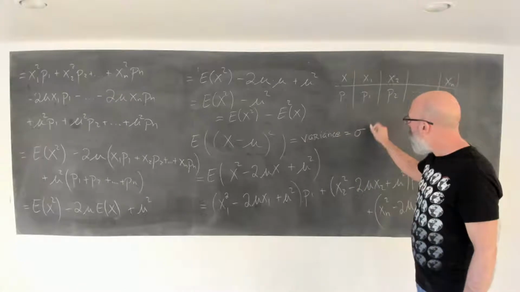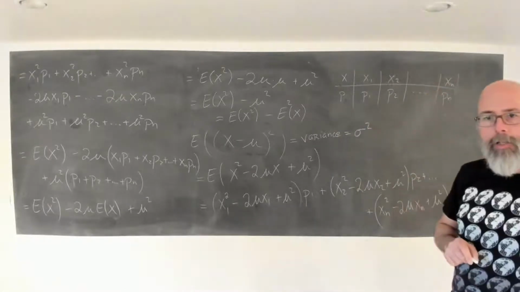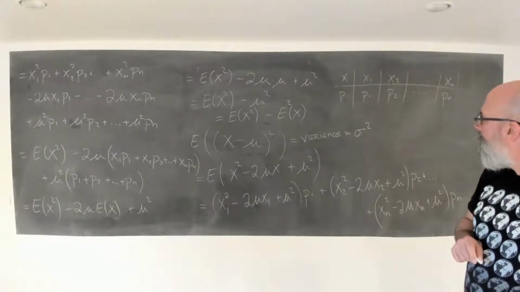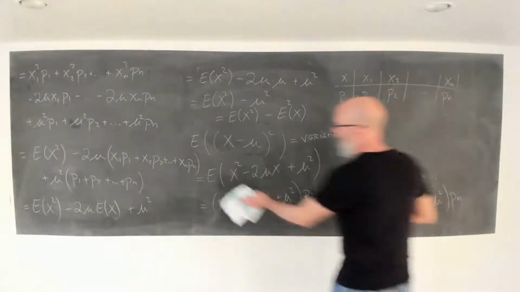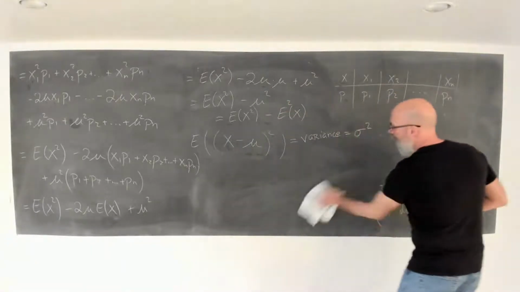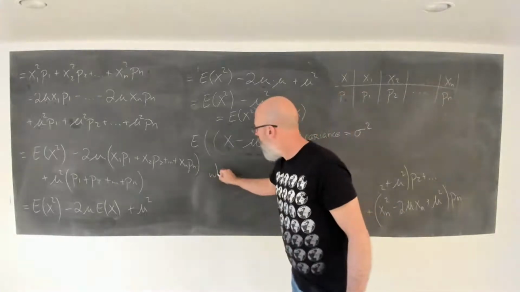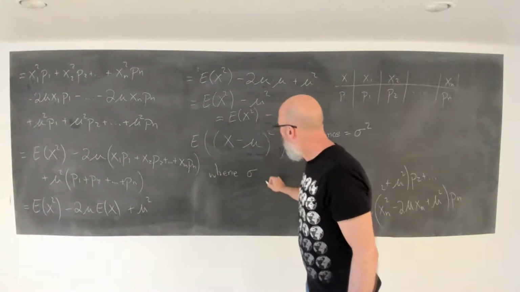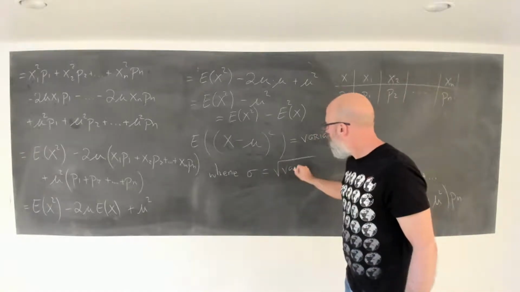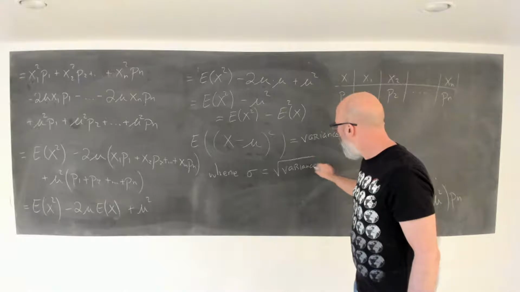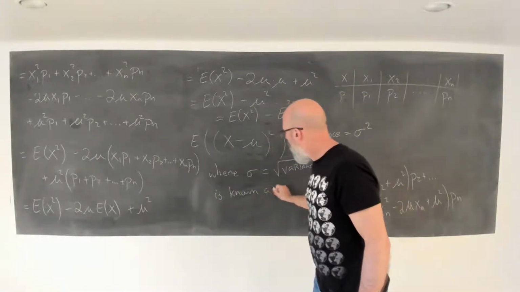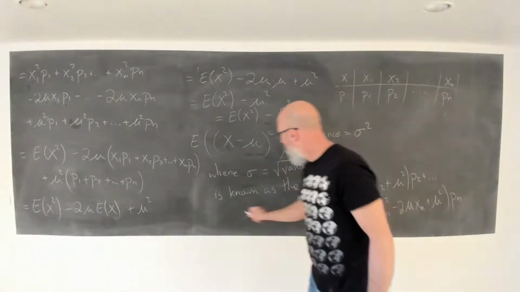So we oftentimes denote it by sigma squared, where sigma, which is the square root of the variance, is known as the standard deviation.